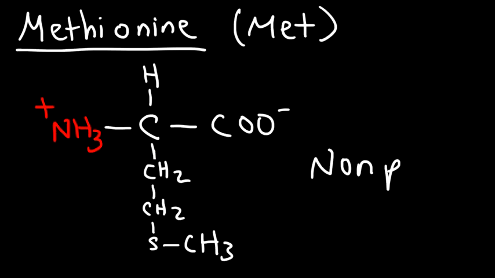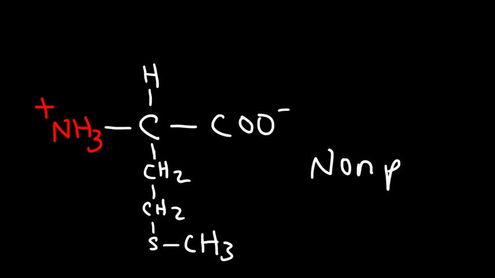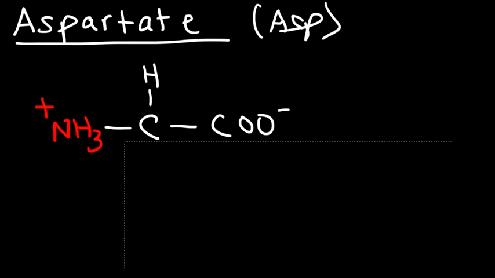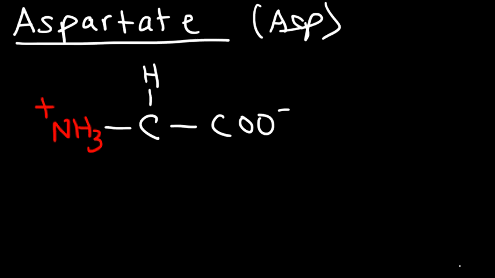Now the next one in the list will be one of the acidic amino acids, and this one is known as aspartate, abbreviated ASP. And what makes it acidic is that it has another carboxylic acid functional group.